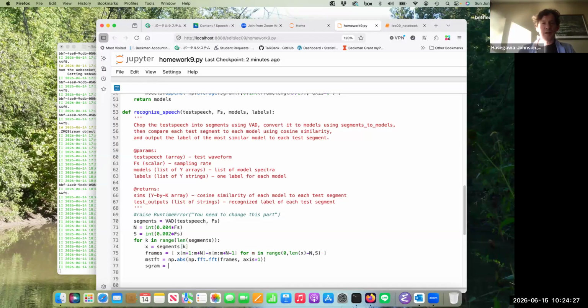And the spectrogram will be 20 times the log base 10 of the MSTFT, the maximum of 0.001, or the MSTFT divided by the array maximum of the MSTFT. All right. And then I want to take that spectrogram and compute its average.